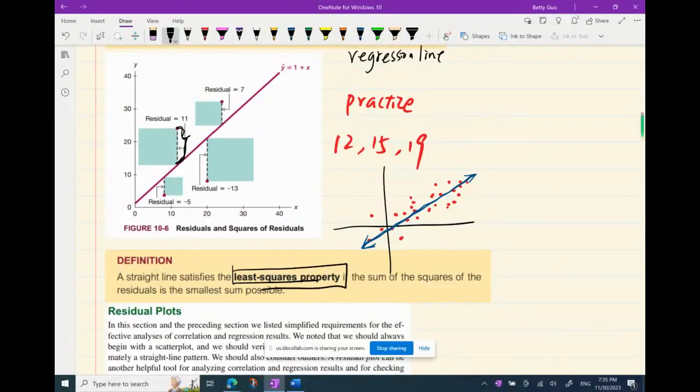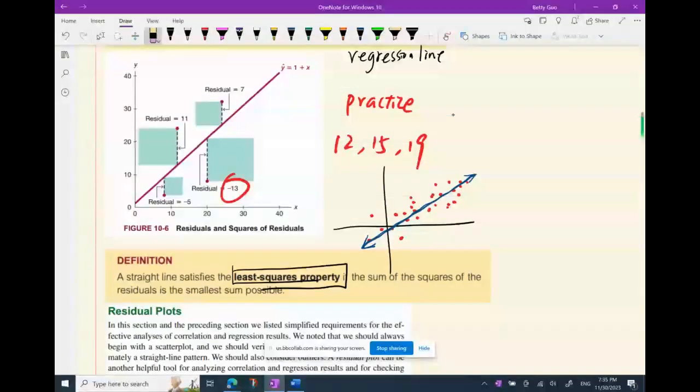That is the residual between that specific point and the regression line. And if we look at this specific point below the line, we can also find the residual. In this case, because it's below the line, the residual is negative 13.